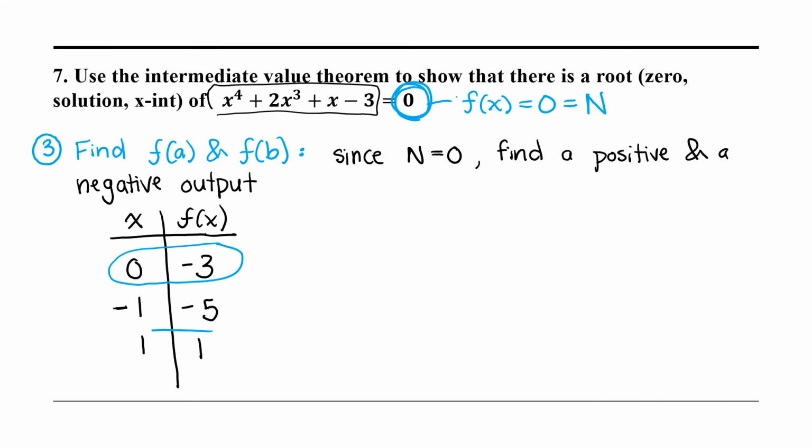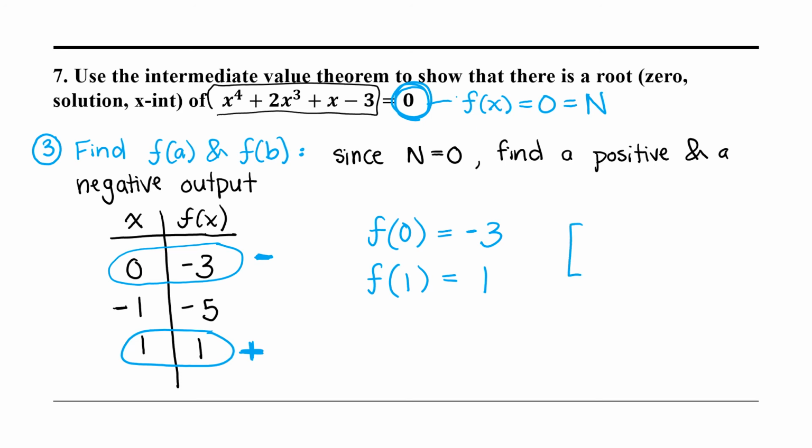And this is positive. So we have our negative output, we have our positive output, which means that we have our a, which is 0, and our f of a, which is -3. And we have our b, which is 1, and our f of b, which also is 1.